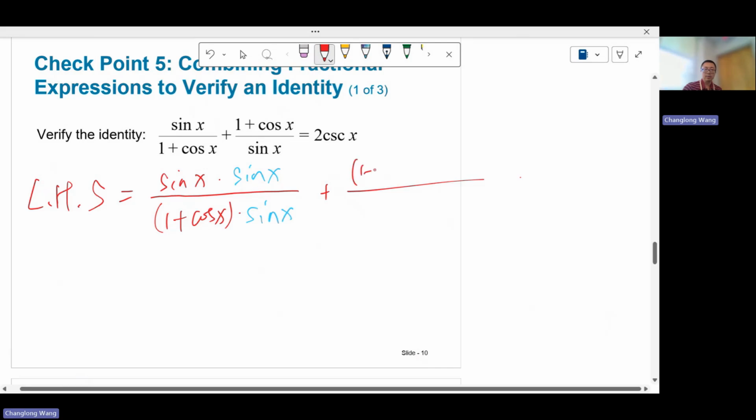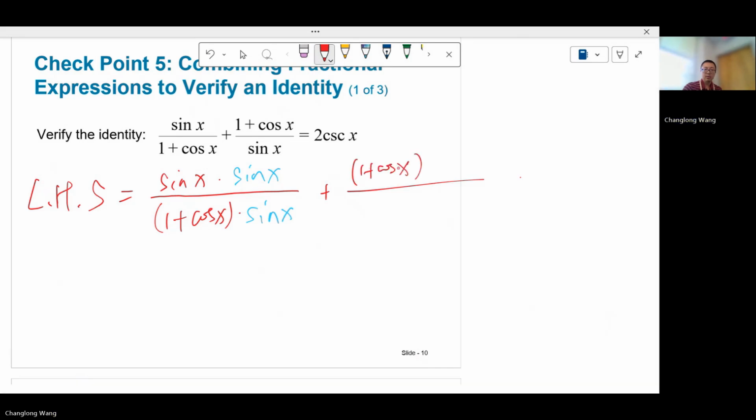I'll enclose 1 plus cosine in a pair of parentheses, and I'll multiply by the other denominator, which unfortunately is going to be 1 plus cosine x. And at the bottom, there was a sine there.